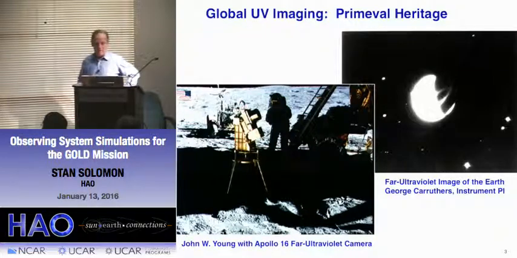Many of you may recall the famous whole Earth picture. Well, they also took a whole Earth picture in the ultraviolet. This is 1969, I think. John Young, astronaut John Young, with the Apollo 16 far ultraviolet camera, which was built by George Carruthers out of Naval Research Lab. No, 69 would have been 72, because Apollo 16 was one of the last missions, and it was 72.